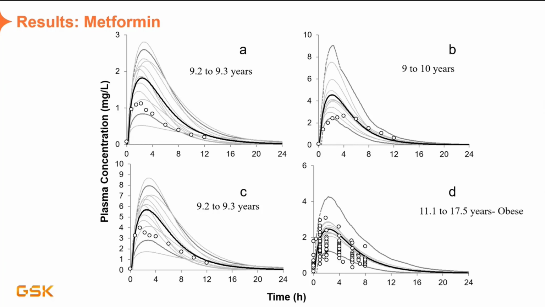So what we did here was that we created the obese pediatric population by trying to change the body weight function in the simulator to recreate the body size of these children. So we had the same height of the kids, but we had obese children.